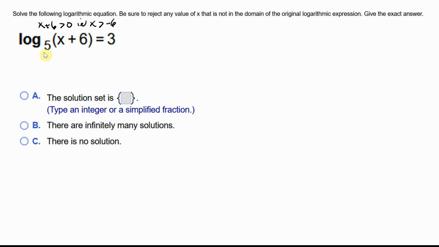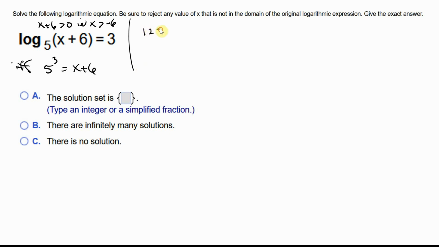So based on the definition, this is base 5 raised to the 3 is equal to x plus 6. So this is if and only if 5 to the 3rd is equal to x plus 6. Now, 5 to the 3rd is 5 times 5 times 5. So what is that, 125?